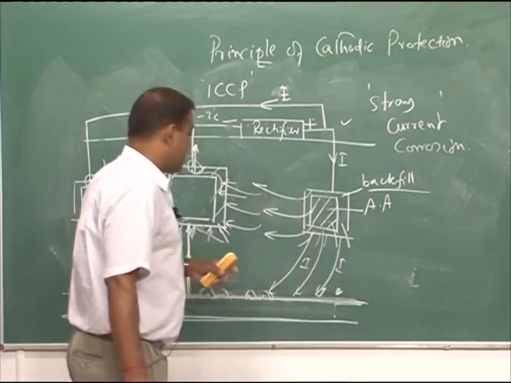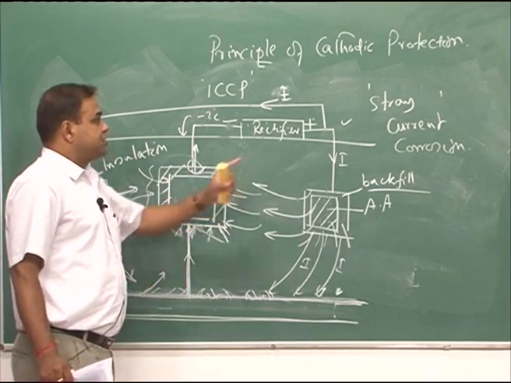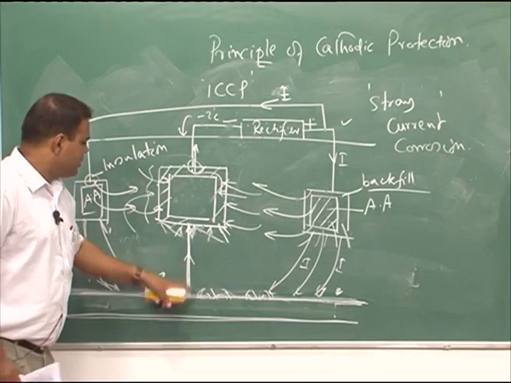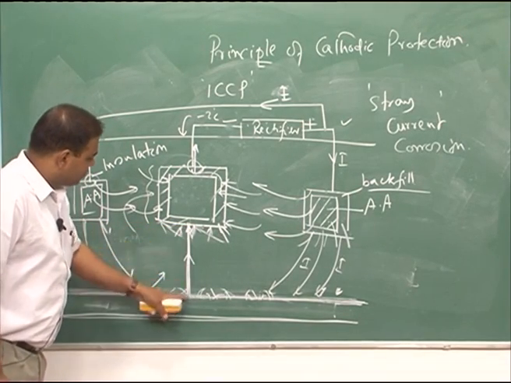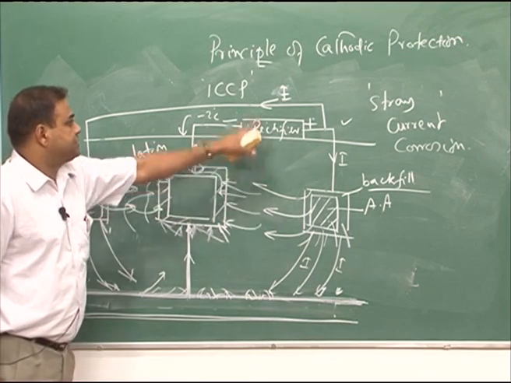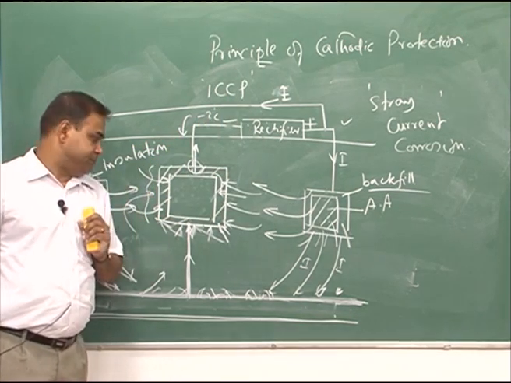So, there one can also have corrosion due to this stray current effect. And the protection is, in case of pipeline, you connect it with the steel tank which is being protected with the help of ICCP.